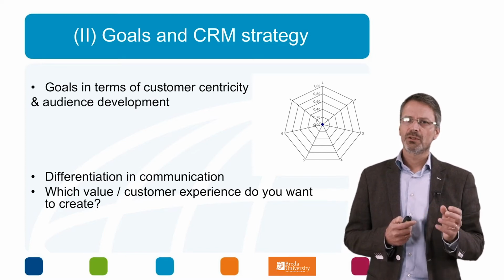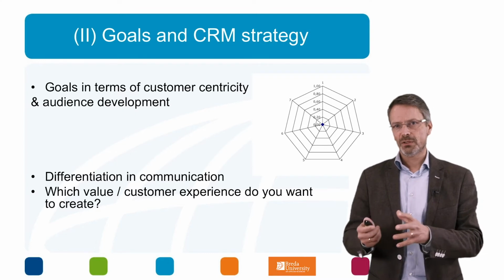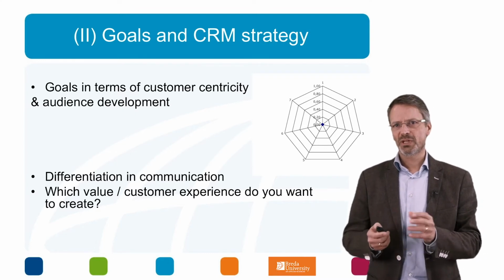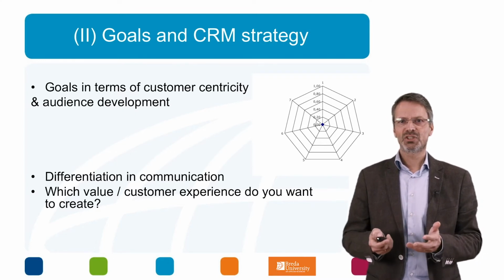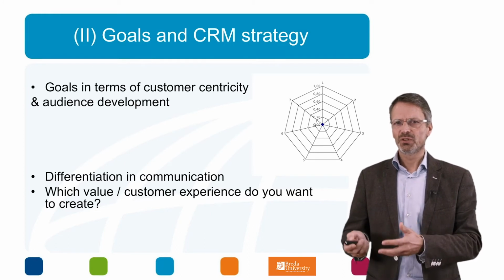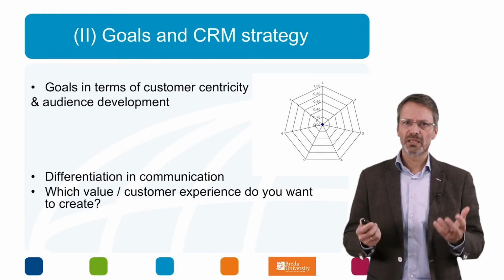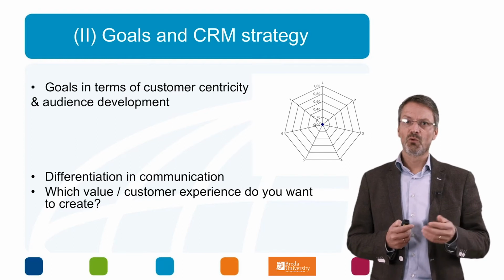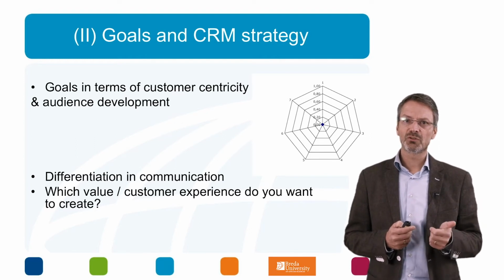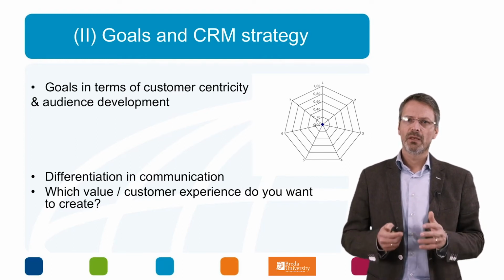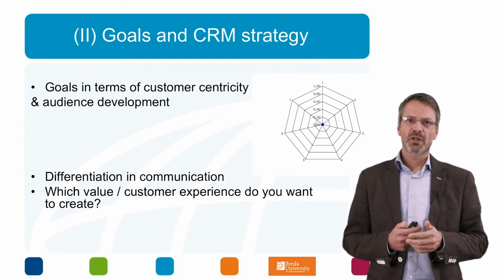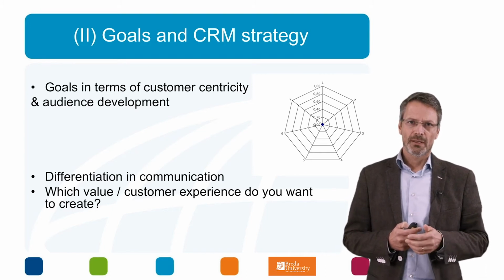And what about differentiating of customer value to your customers? To what extent do you want to differentiate, and what exactly do you want to do? So it's important to think about that. And also in terms of audience development, about these commercial goals and balancing with the other audience development goals, such as inclusion.